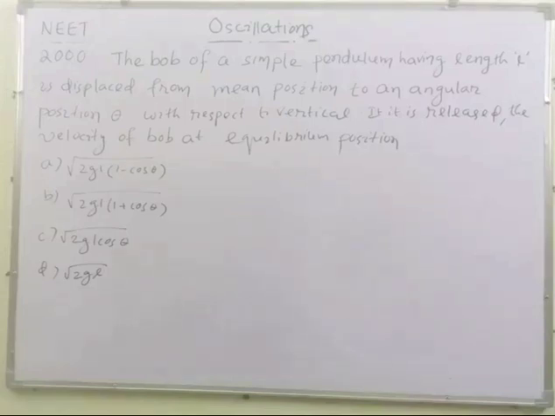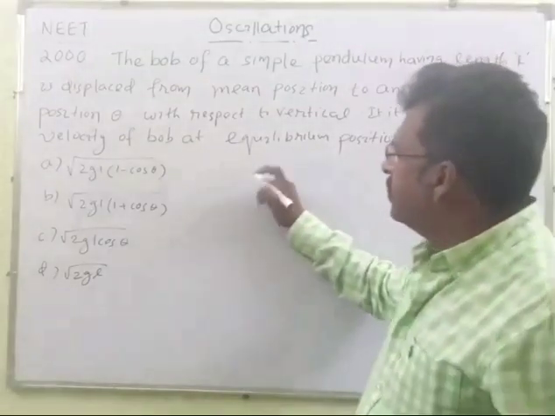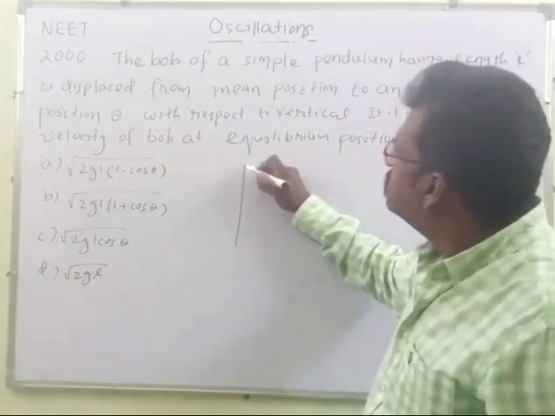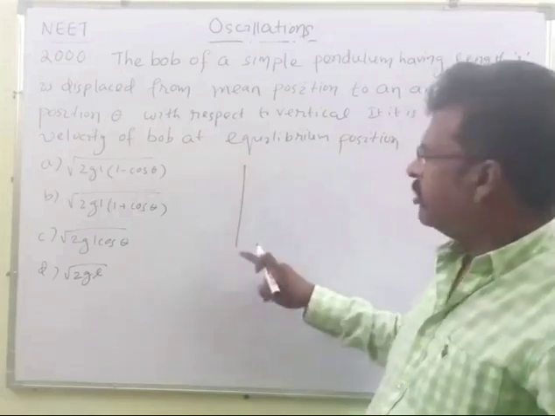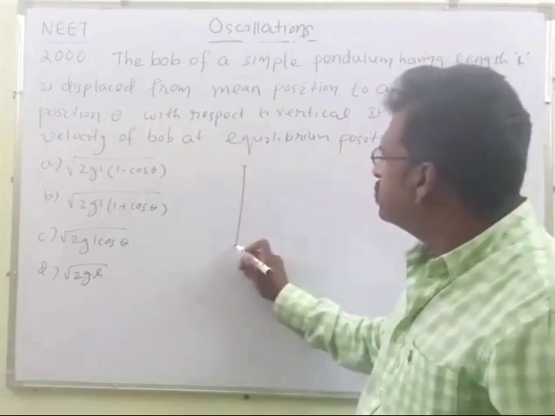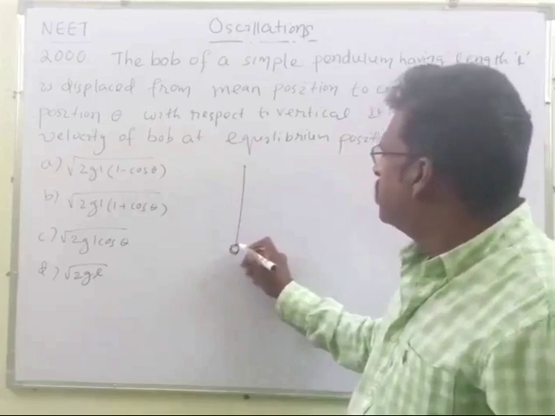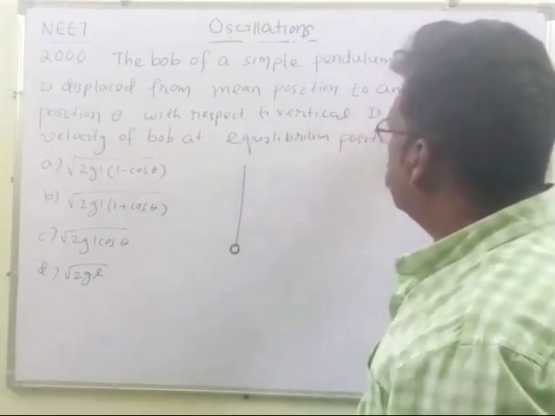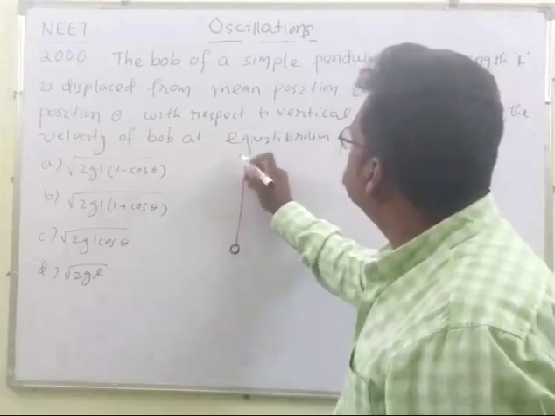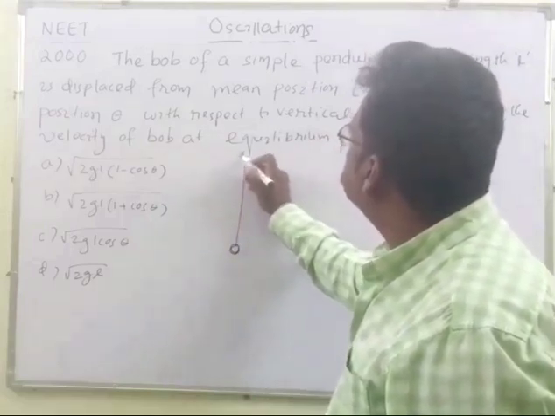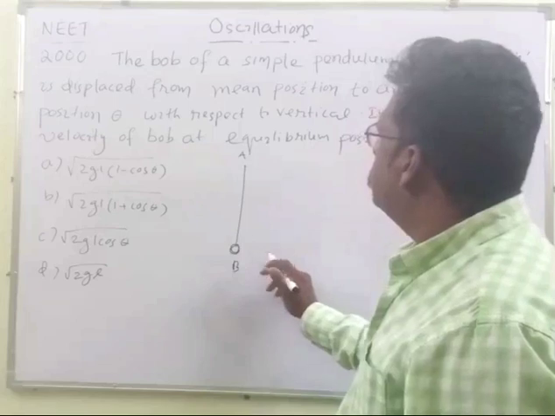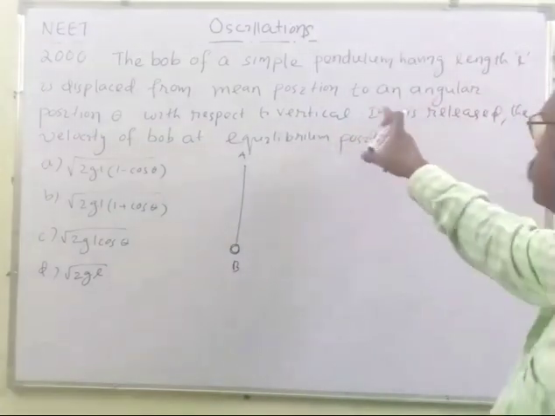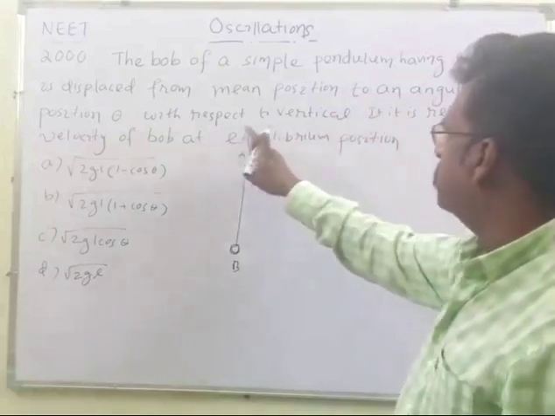Okay, students, let us consider this case by drawing the diagram. Suppose from this point the pendulum is hung, this is the thread, and this is the bob, and the pendulum has length L. Let us write this as A, this is B, and it is displaced from mean position to an angular position theta with respect to vertical.